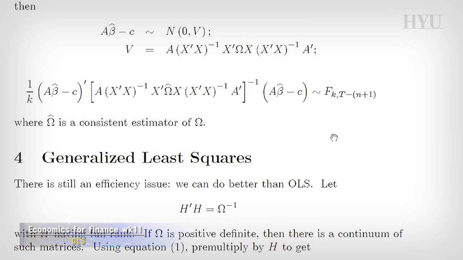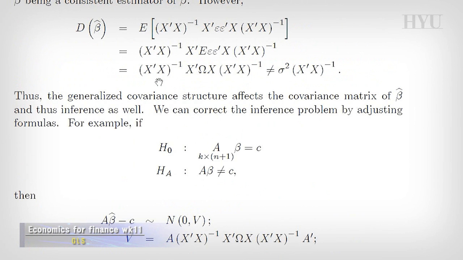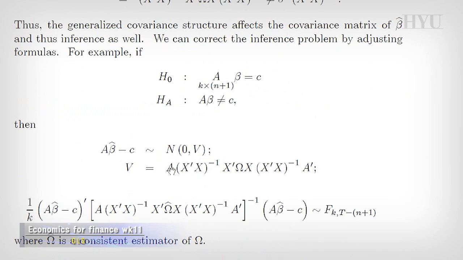And about this covariance matrix, since the beta covariance matrix looks like this, we multiply by A and A transpose here and here, right? So we have this structure. So the variance covariance matrix of A beta hat looks like this.